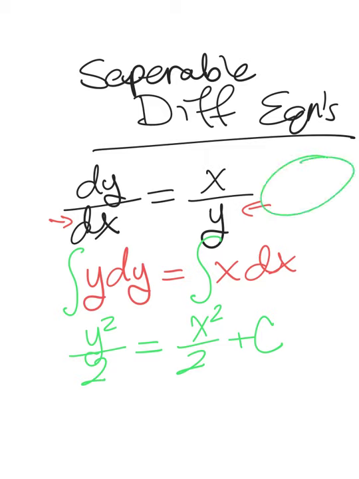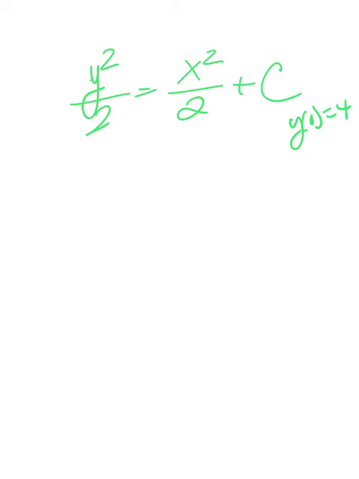Now, if I gave you an initial condition like y of 0 equals 4, then we can use that to eventually figure out our c. So, starting from here, we've got y squared over 2 equaling x squared over 2 plus c, and the initial condition is y of 0 equals 4.